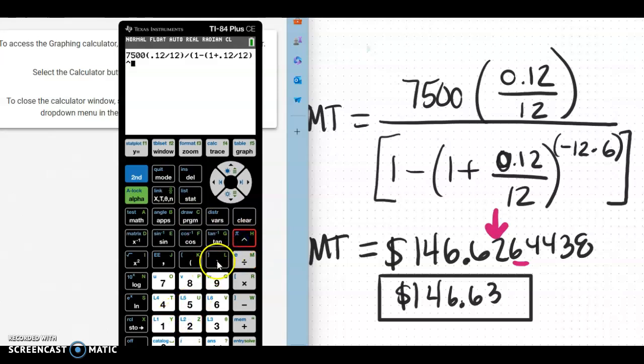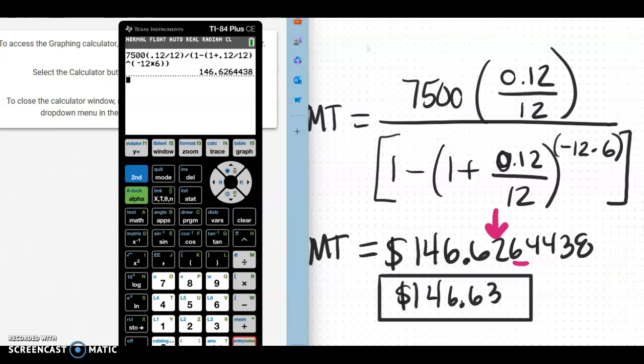So now when I hit the caret symbol, notice how it puts just a caret symbol. And then I have to put those parentheses. If I don't put the parentheses, the answer will be incorrect because it will only raise it to the -12 power and then multiply that answer by 6. So now when I hit enter, you'll see I get the same thing.